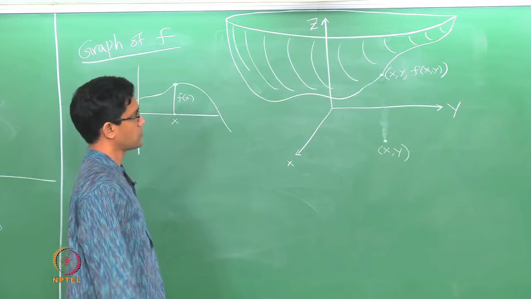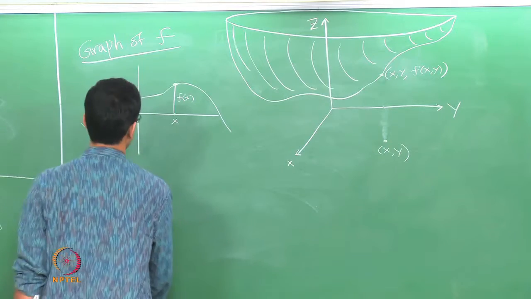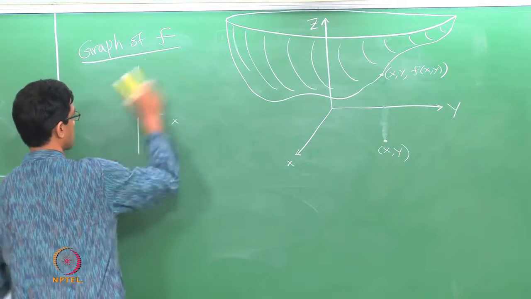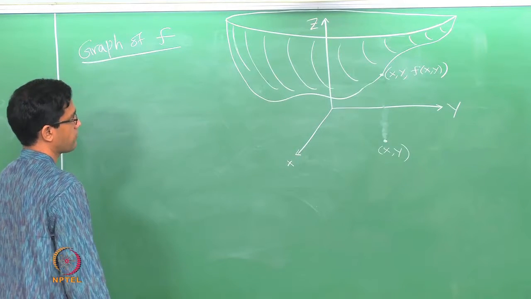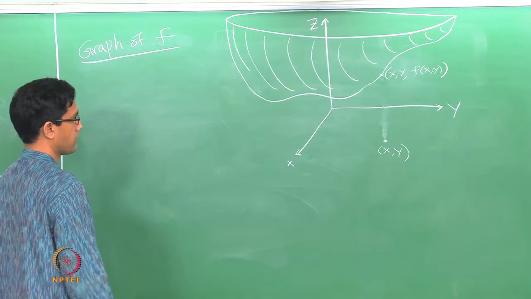And that is what we call the graph of this function. Okay, so let us just get rid of the one dimensional graph. So, this is how you plot the graph of a function of two variables.